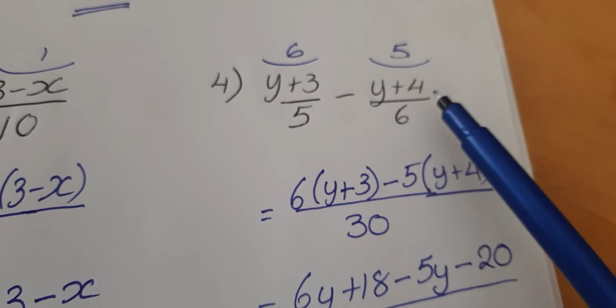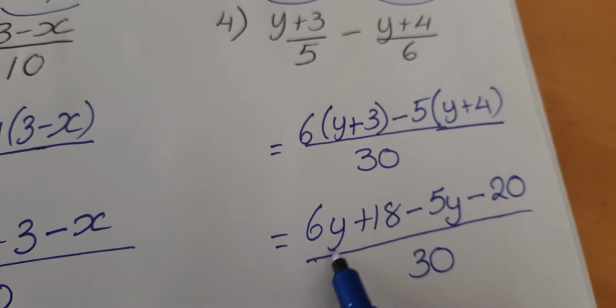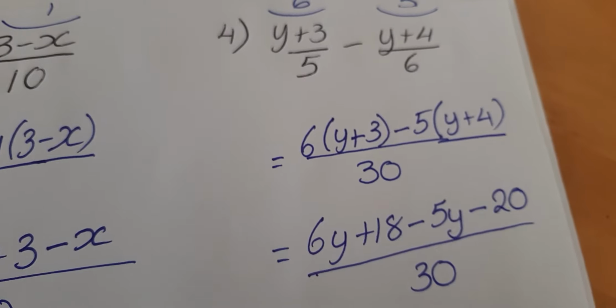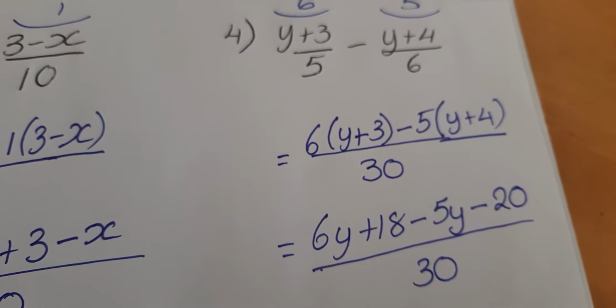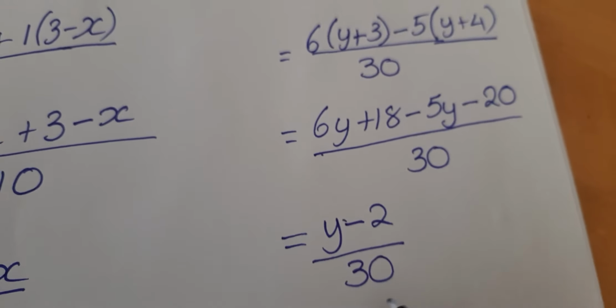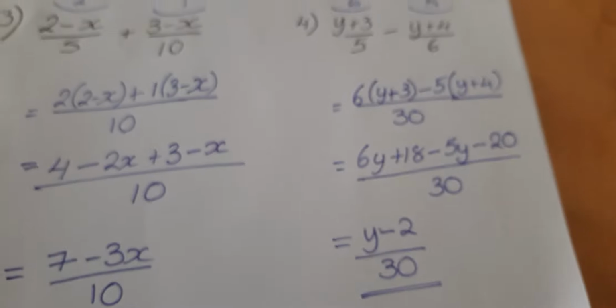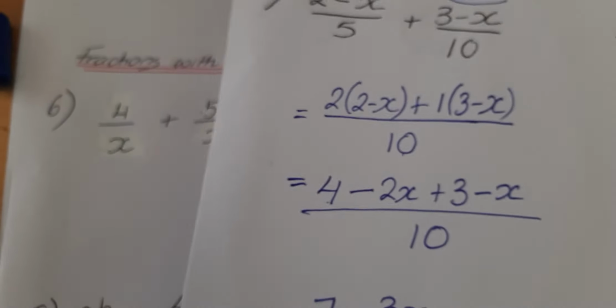Okay, so you would not put 20 here, you'd put minus 20. 6y minus 5y is y, 1y. 18 minus 20 is minus 2. That's my final answer. It doesn't simplify any further. That's the fourth example. Let's have another one.